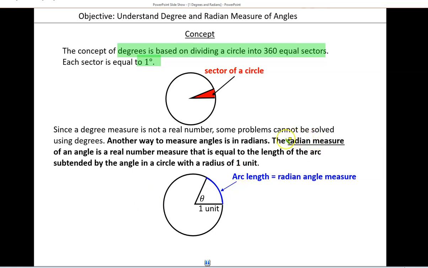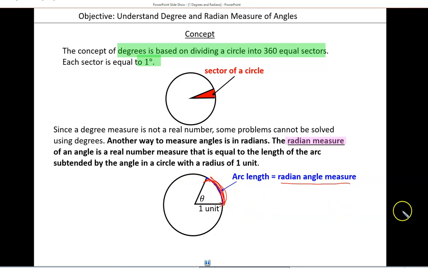So radian measure is a measurement that's based off of the length of the arc that connects the terminal side and the initial side of the angle. So instead of measuring it as pieces of a pie, we measure it as how long is this piece of the circle, and we call that the radian angle measure. So that's where the radian angle measure comes from.